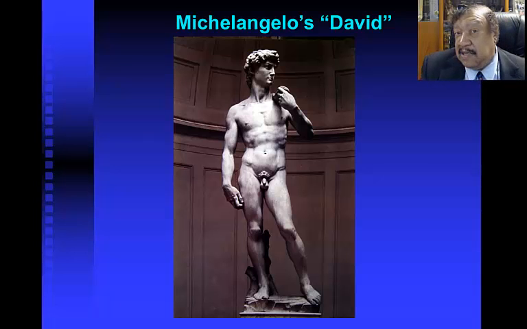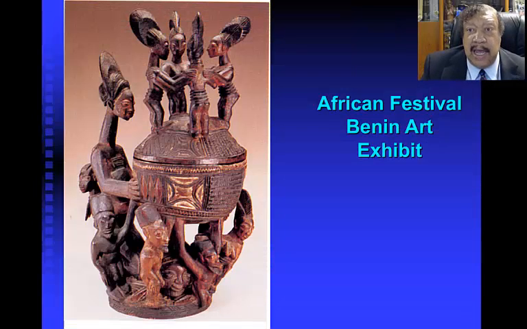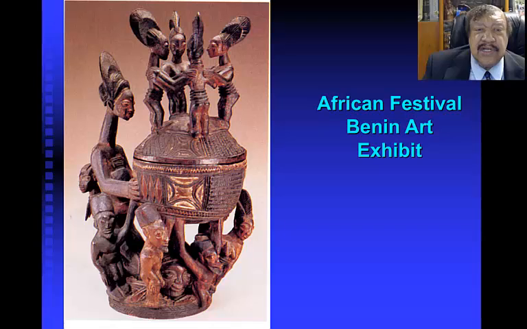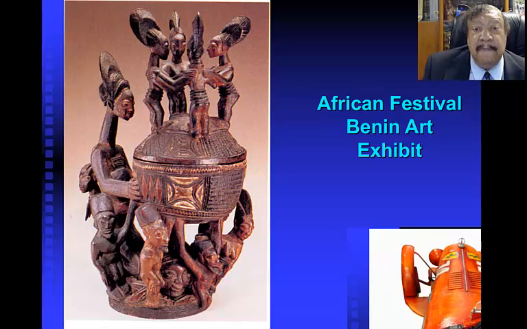We've already studied Michelangelo's David, and that was carved out of marble. And of course, the Africans, in West Africa particularly, they only had trees, and most of their sculpture tended to be vertical because it was carved from trees. So we see this multiple figure carved out of a single piece of wood.